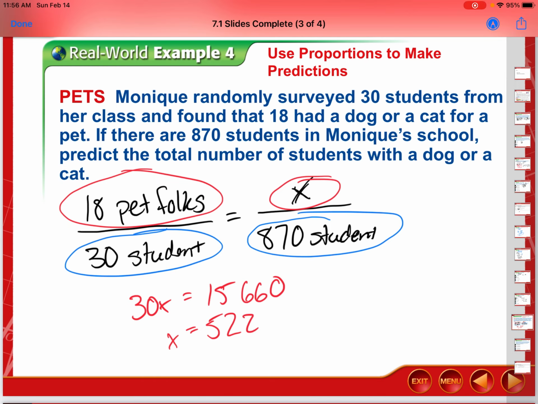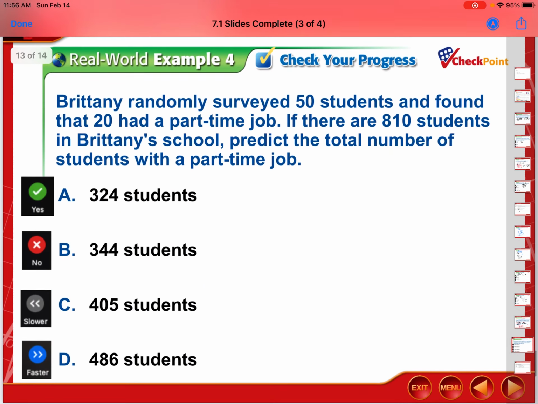So we determined that about 522 would have creatures at their homes. At least that's our prediction. Now, we're predicting with proportions. That doesn't mean that if you actually surveyed all 870 people, that is the exact number of people who would have cats or dogs, which I'm sure you all get, but just to really sell the point home.